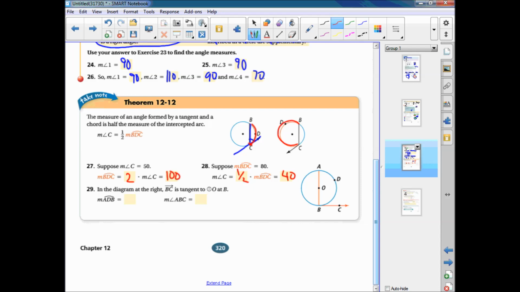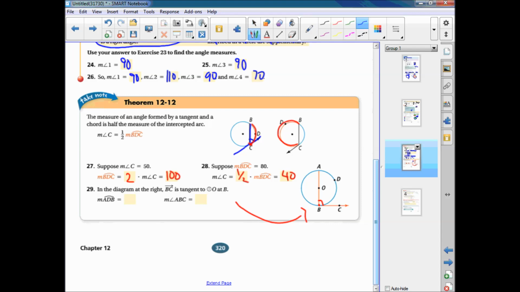Okay. In the diagram at the right, so this one over here, okay, BC is tangent to circle O at point B. So there's our point of tangency. So we know we have a right angle here. The measure of arc ADB. So we want to know what arc ADB is.